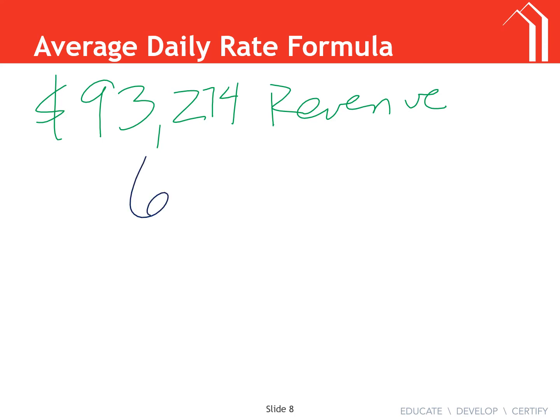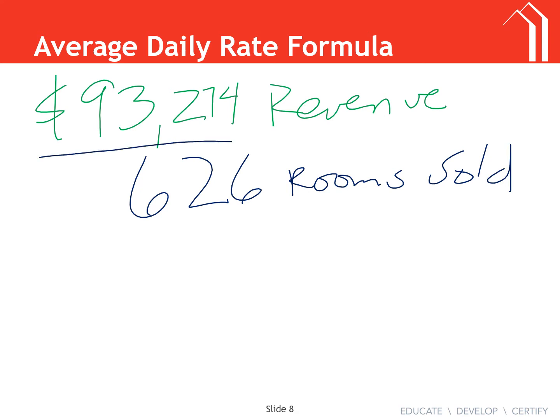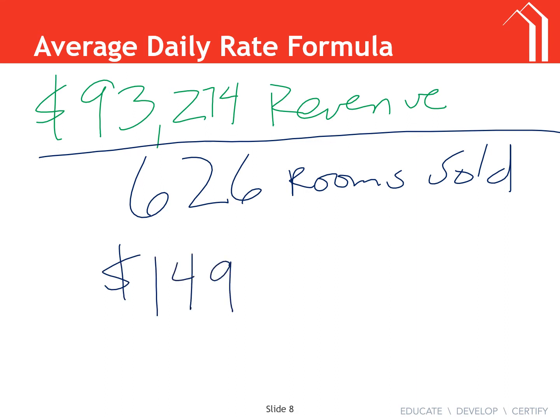How many did you sell? 626 rooms sold. You gave us extra information. Y'all are tricky. Okay, so that gives us an average daily rate of $149. Okay, excellent, good.